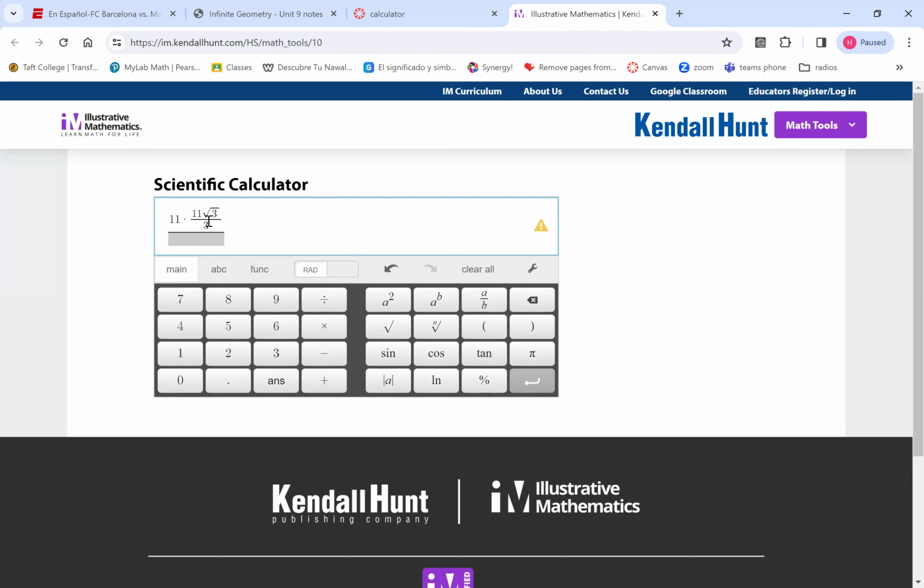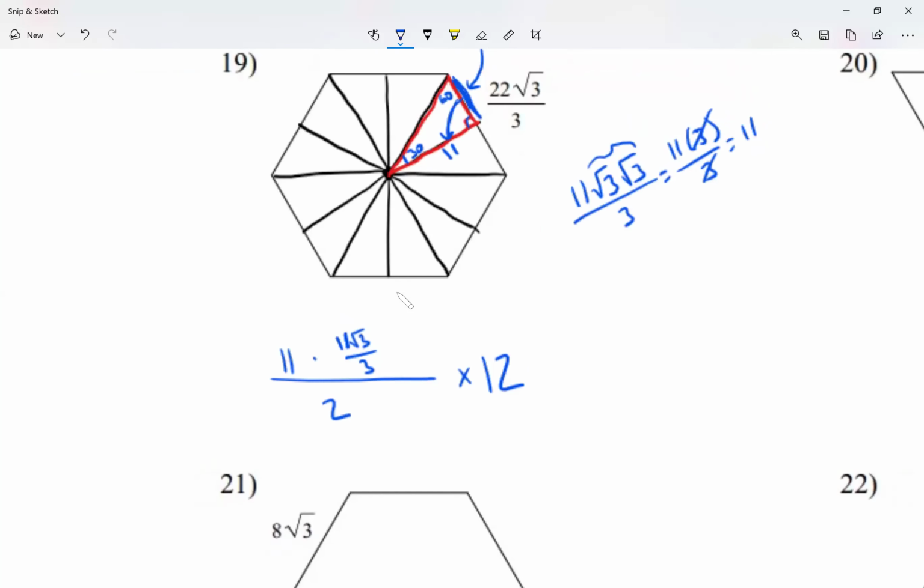See, is that what I had? Divide this by 2, get out of the fraction, times 12. Let me bring you guys up. Let me see. Is this what I had on my calculator? Let me write this a little bit better. One of my sides is 11. Then I am multiplying this by 11 radical 3 over 3. So yes, is that what I have?